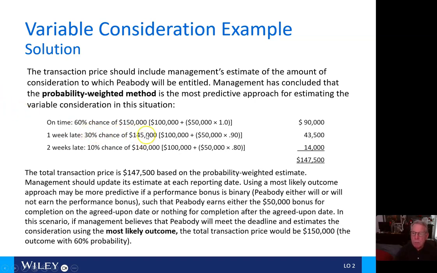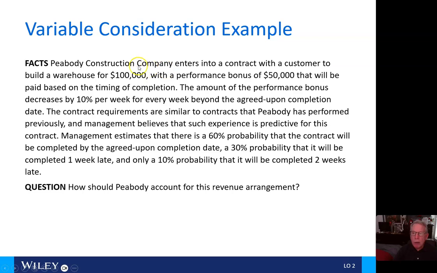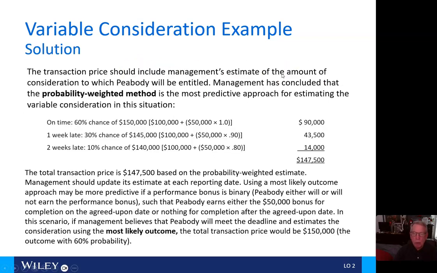So if we go back and look at this, here's the $100,000 warehouse and the $50,000 bonus. If it's on time, there is a 60% chance that we're going to get both of them. And so we'll take 60% of 150,000, and that will be 90,000.